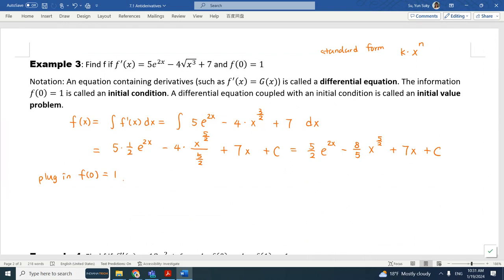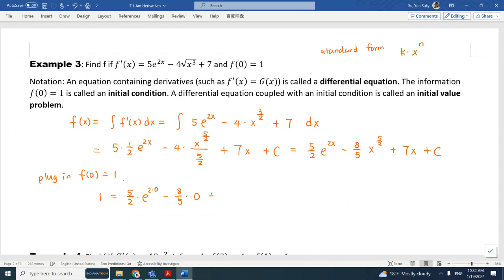On the right-hand side, you plug in x is 0. So 5 over 2 times e to the 2 times 0, minus 8 over 5 times 0 to the 5/2. Do you know 0 to the whatever power is 0? So this is 0, and plus 7 times 0.